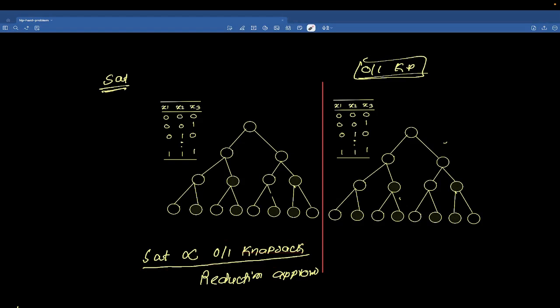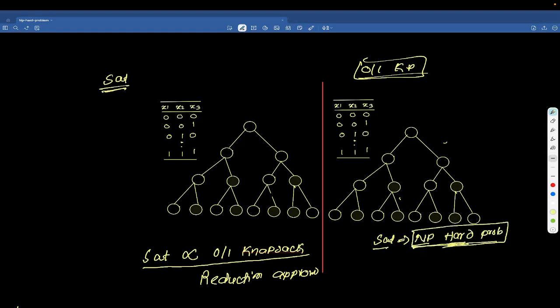In reality, the satisfiability problem is a well-known NP-hard problem. Also, we have transformed the satisfiability problem into the 0/1 knapsack problem. That is why the 0/1 knapsack problem is also an NP-hard problem.